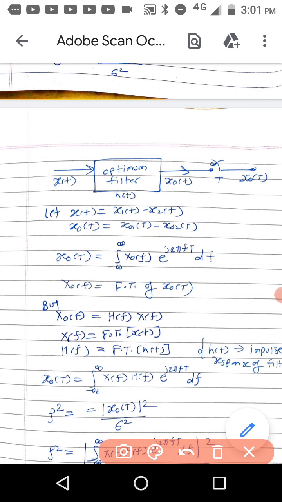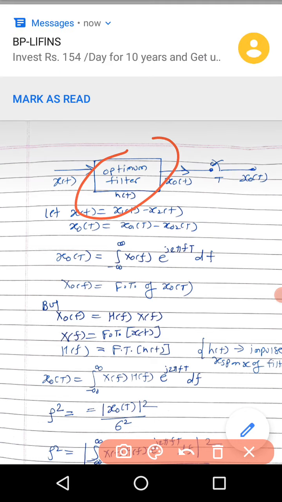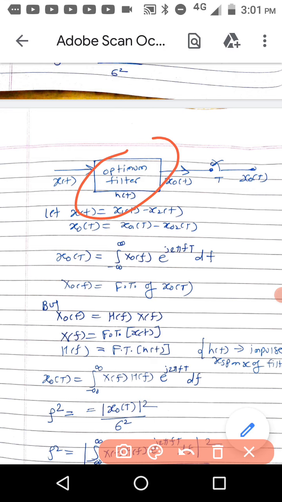But normally for the optimum filter, the LTI filter, we give either x1(t) or x2(t) as input. For deriving the transfer function equation we consider this as x0(t), so the corresponding x(t) will be x1(t) minus x2(t).